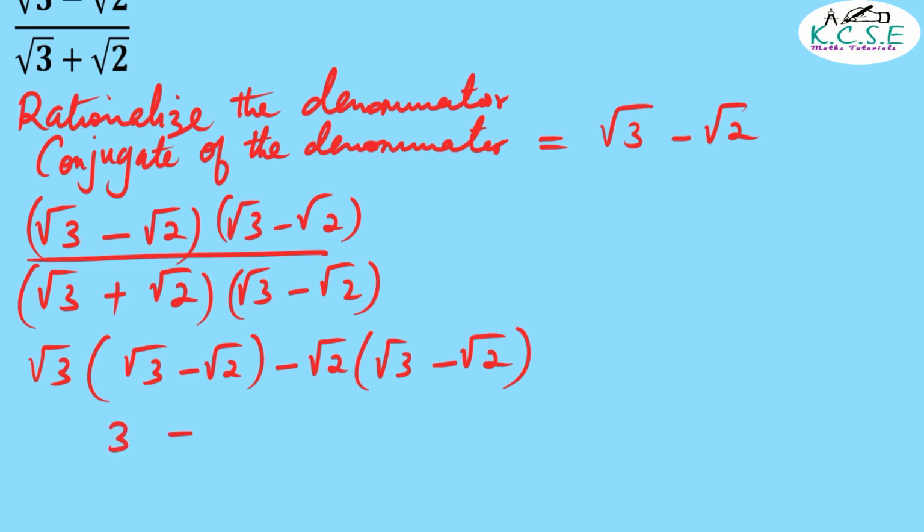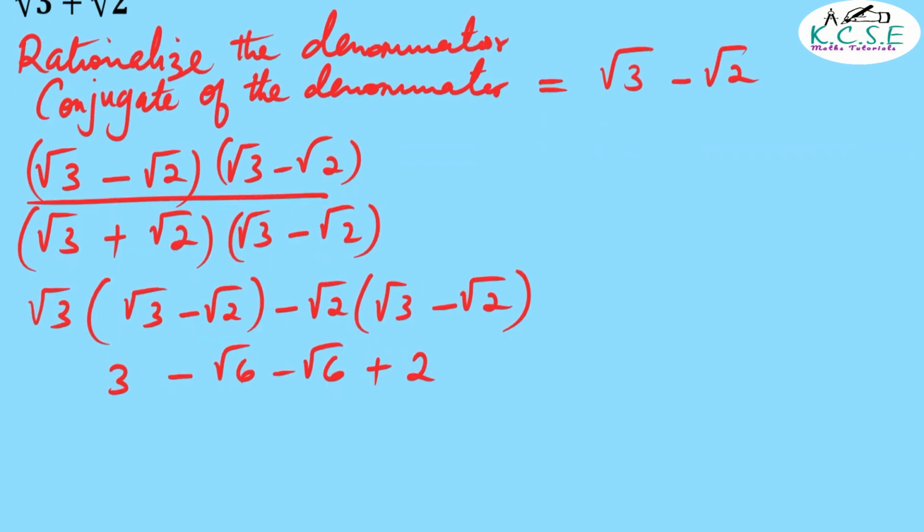Root 3 times root 2 is root 6. Root 2 times root 3 gives negative root 6. Negative root 2 times negative root 2 is positive root 4, which is the same as 2. Now we get 3 plus 2, which is 5, minus root 6 minus root 6, which gives negative 2 root 6. So that is the solution for the numerator.